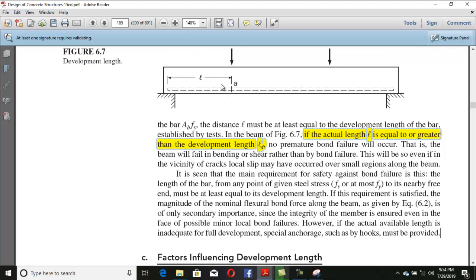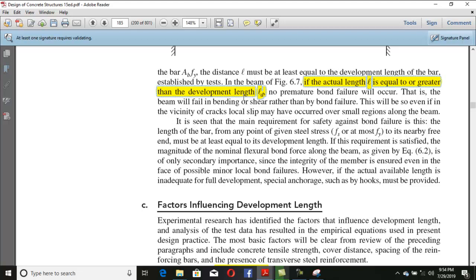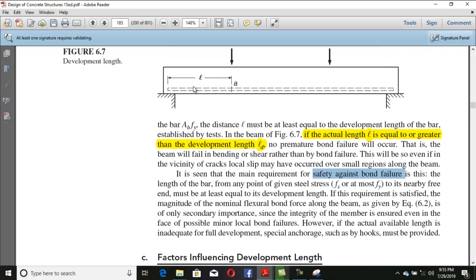If this length is equal to or greater than the development length, it is ensured that the failure of the beam does not occur due to bond failure. It may be due to shear, it may be due to bending, something like that, but it is sure that it is not due to bond failure. And the other thing which is also important from the bond failure safety point of view is the length of the bar.